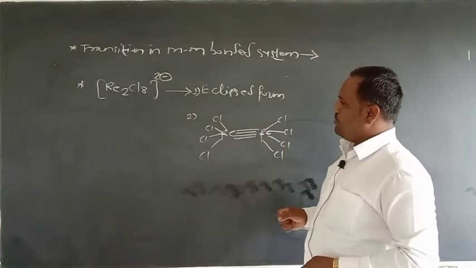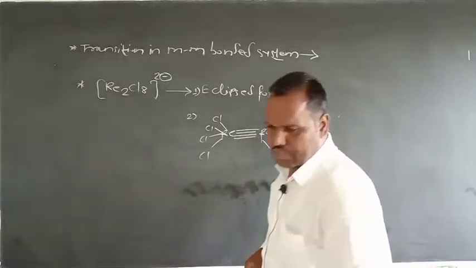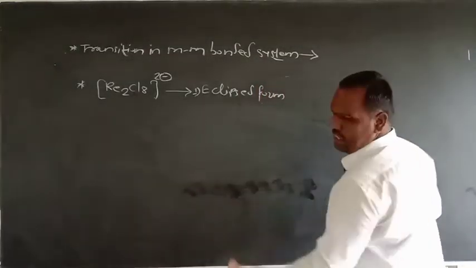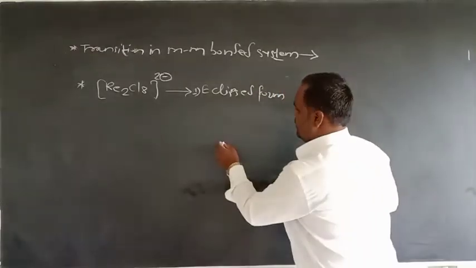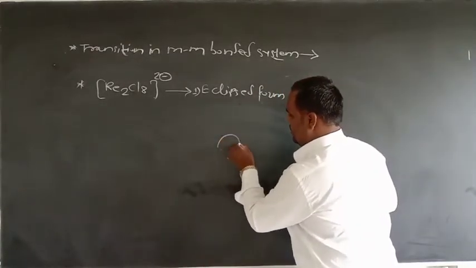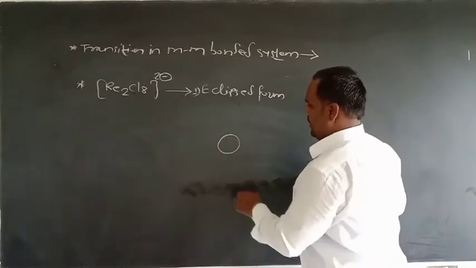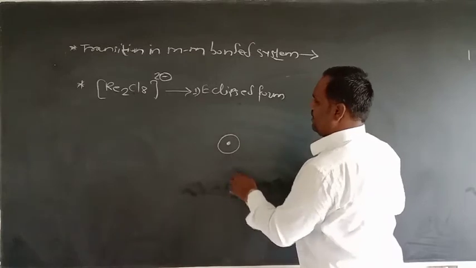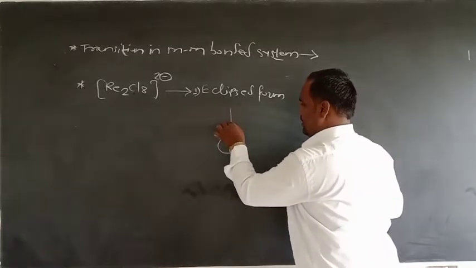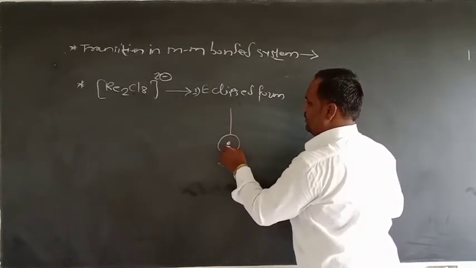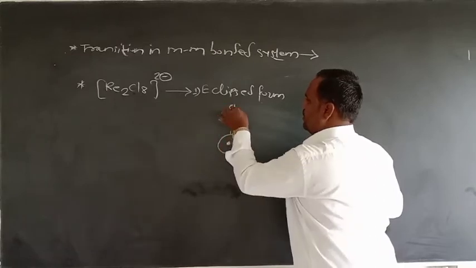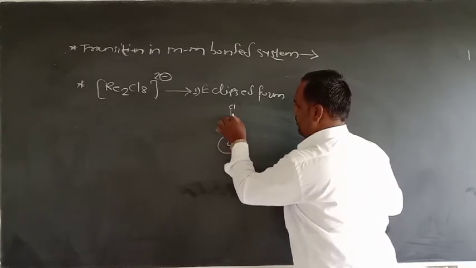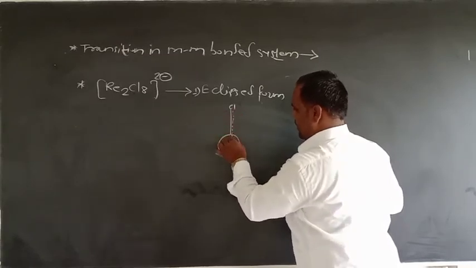How is it observed in eclipsed form? Let us consider this as one rhenium metal atom and this as the second rhenium metal atom, and then chlorine is attached to this metal atom, and again a second chlorine is attached.